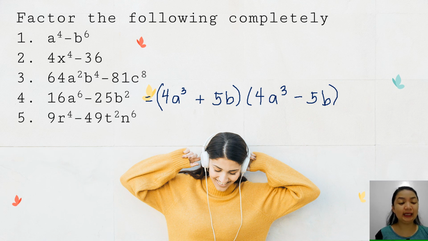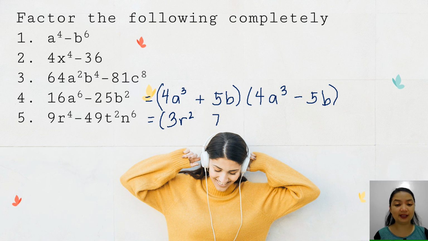Let us try 9r to the fourth minus 49p squared n to the 6. So this is 3r squared, and then we have the square root of 49p squared n to the 6.